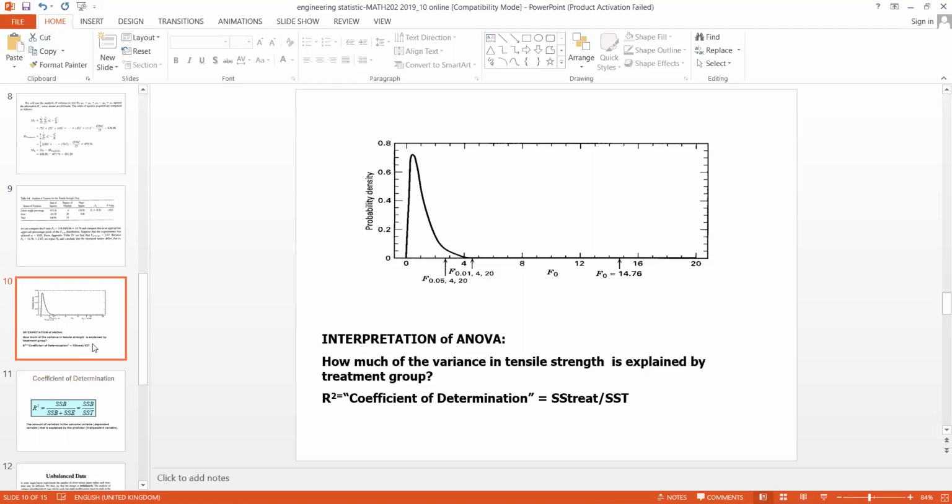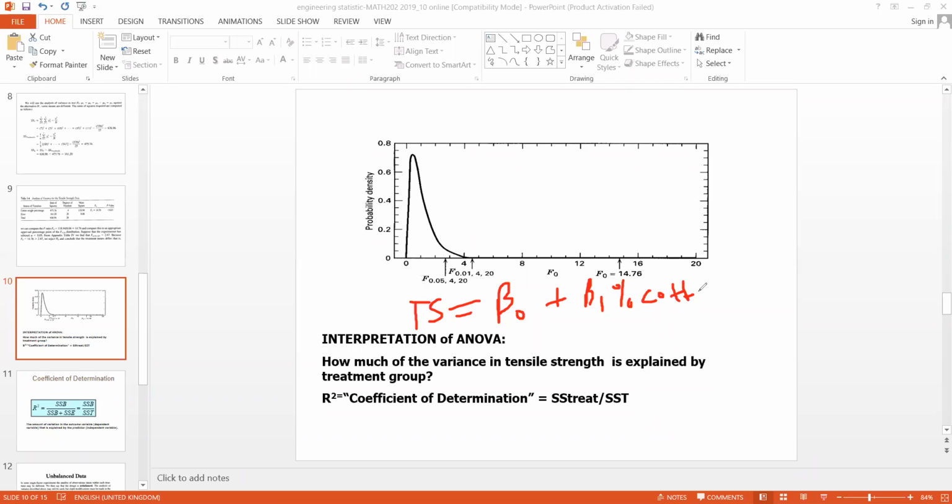So if we are looking at an effect model, indirectly we are saying it's a kind of model like this: the estimated tensile strength is equal to some beta naught plus an effect beta 1 times the percentage cotton, which is the independent variable.